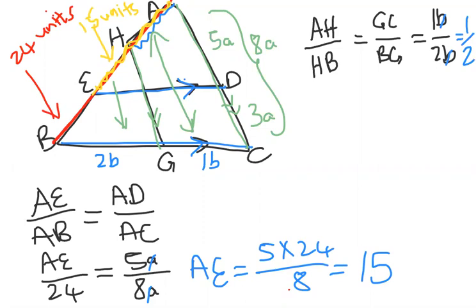Now, let's see what do we have on the side. We know the yellow line is 15. We know the big red line is 24. So we sit with this part that we can work out, which is 24 minus 15, which is 9.